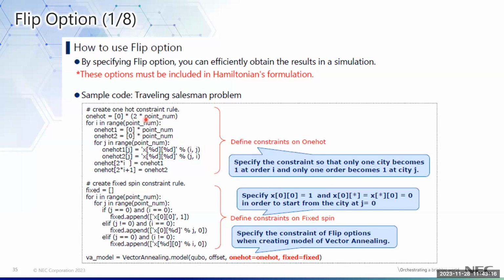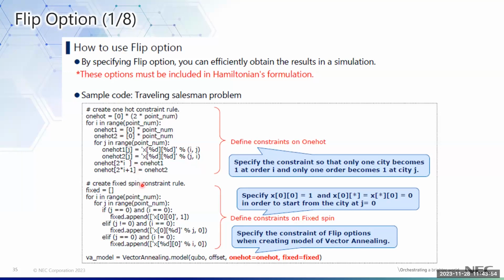If you have many possibilities, then one hot constraint literally means that there is one and only one possibility amongst all the possibilities at this point. So you loop through the number of points, and you are representing two constraints using which you are able to specify that only one city becomes one at order i, and only one order becomes one at city j.